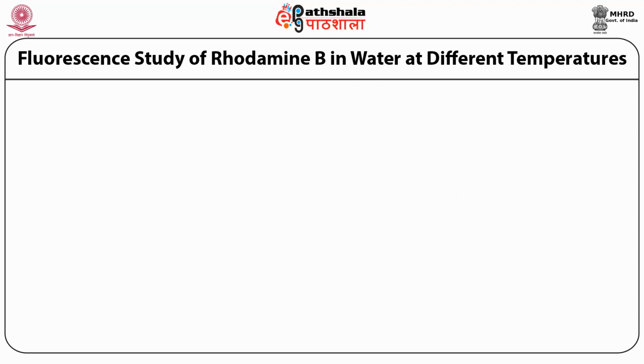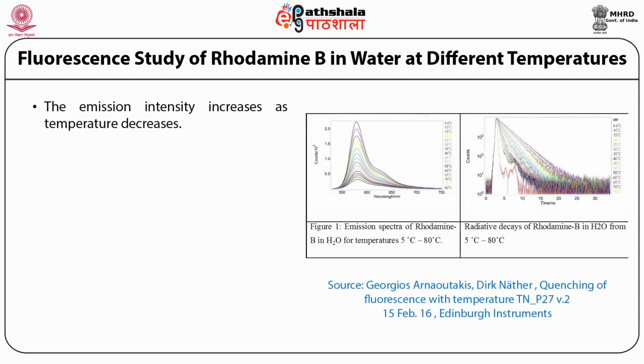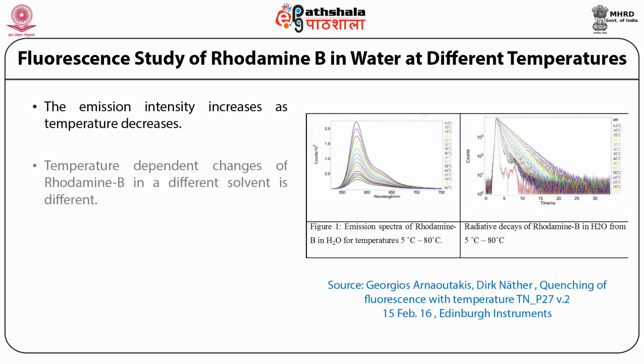This slide shows the emission spectra of rhodamine B in water from 5 degrees to 80 degrees. You can see there is a gradual decrease in fluorescence with increase in temperature. It means temperature dependent change of rhodamine B.